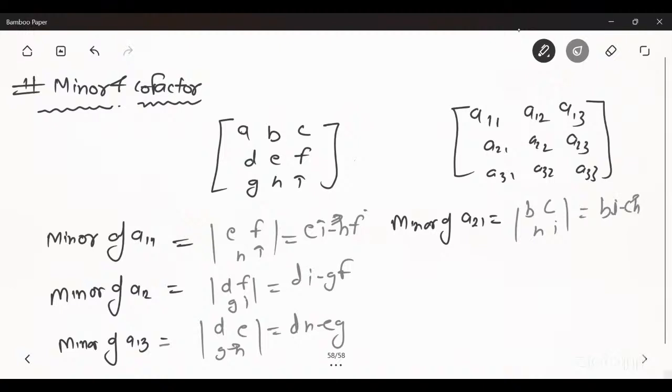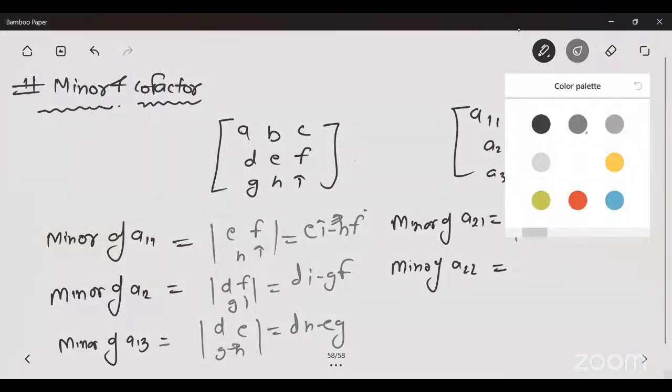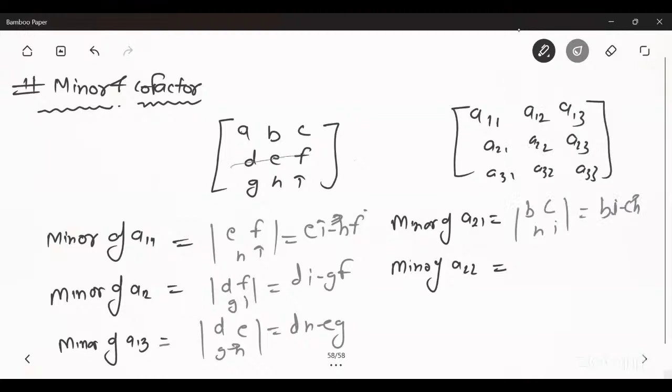Now next is the minor of A22. A22 means second row and second column. So you will get the values A, C, G, I. So you will get AI minus CG.